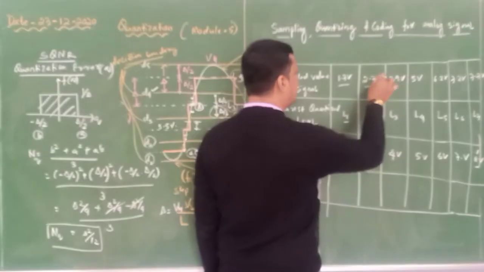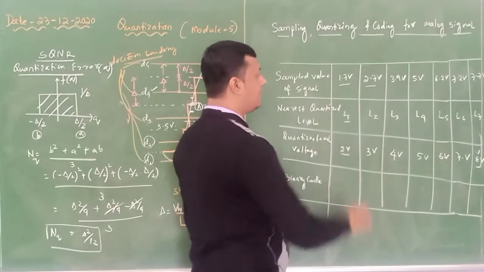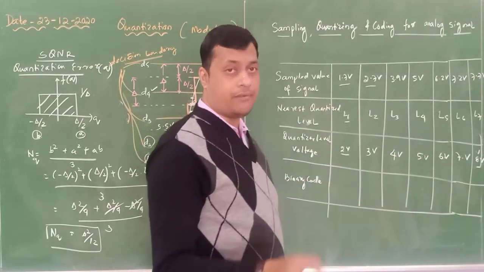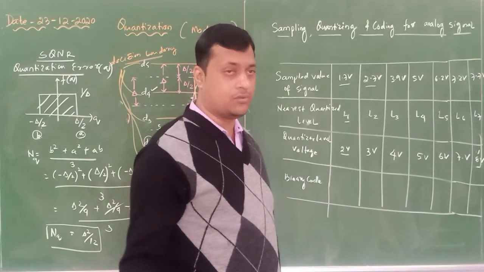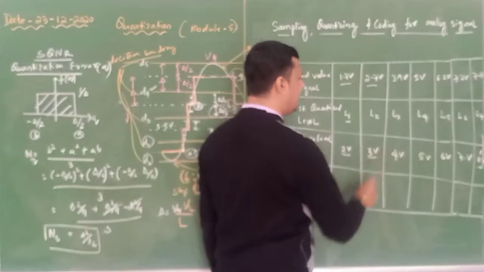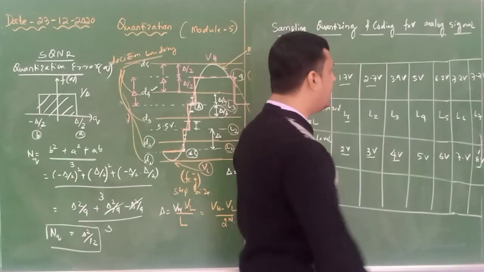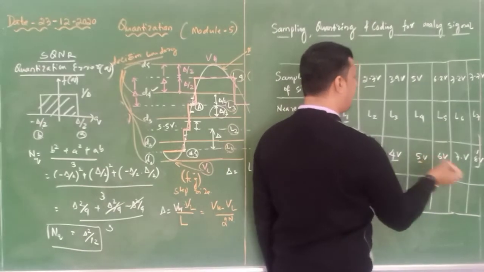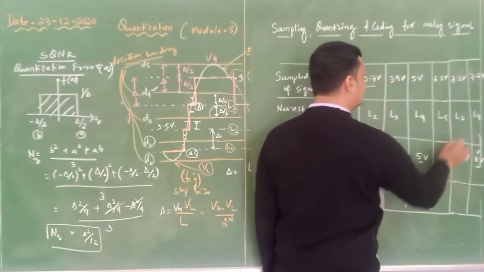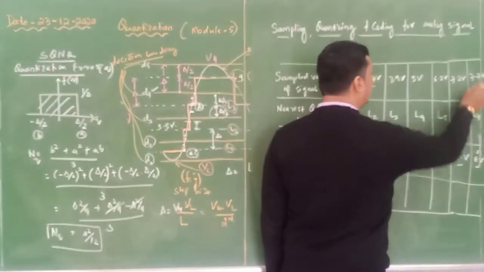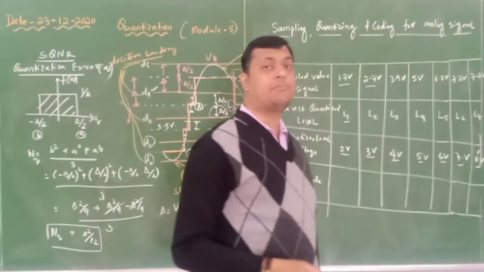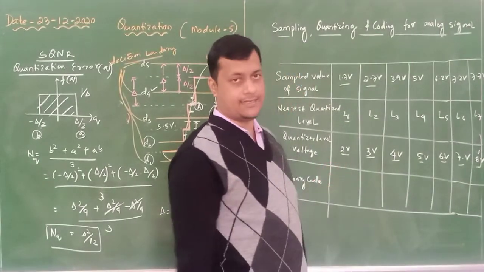Similarly, 2.7 is greater than 2.5, and it falls in level 2 and it is assigned as a potential of 3 volt. 3.9 nearest value is 4 volt. If it is 5, it remains 5. If it is 6.2, it is 6. 7.2 is 7. 7.7 is greater than the 0.5 value, so it is 8.